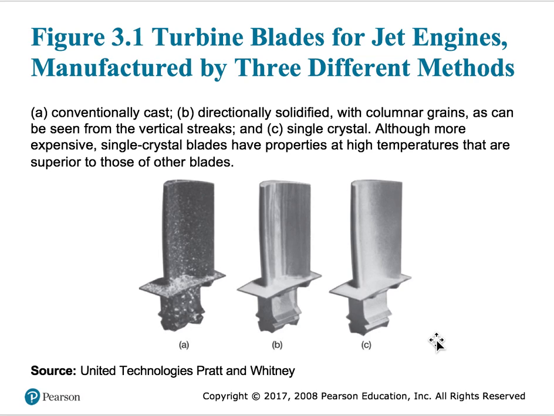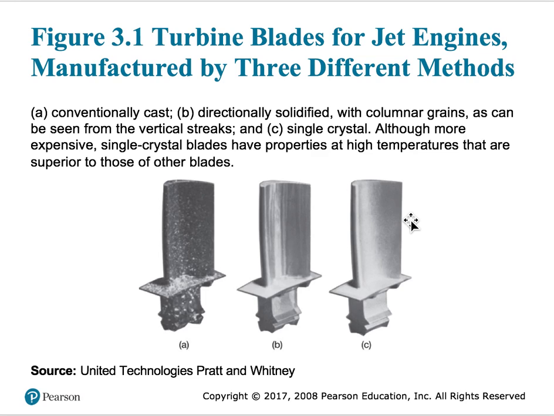It can take a couple of months to finally get the final properties. And that's because how long your turbine blade is going to last is going to be based on the manufacturing process.